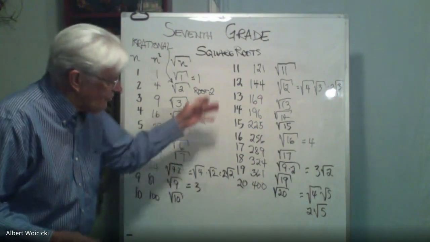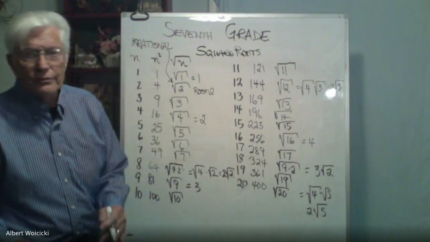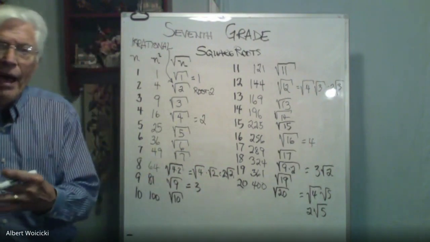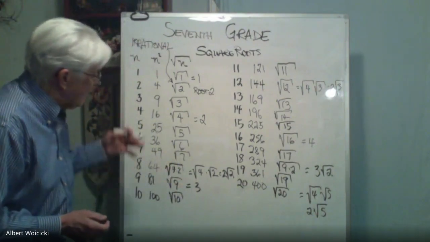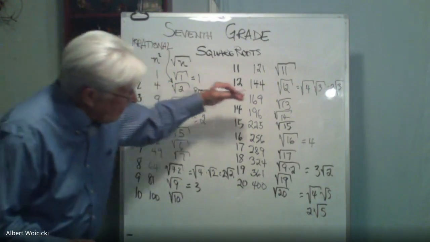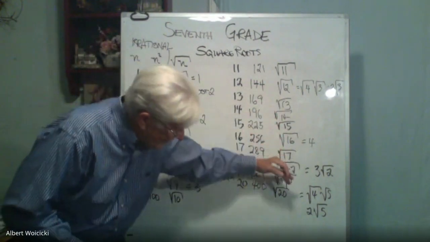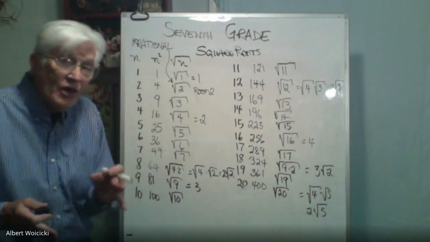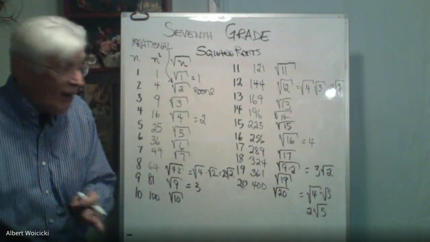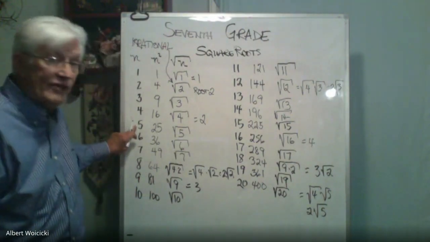So what have we done here? We've learned to simplify square roots. We've talked about irrational numbers. And we've learned there's a little bit of a pattern. If we keep going, we're going to find a pattern. What's going to be our next perfect square? Well, it's 25.